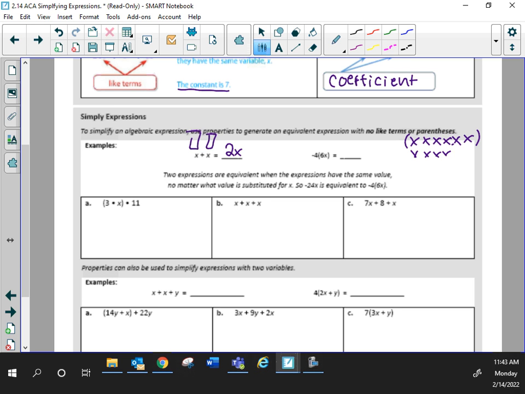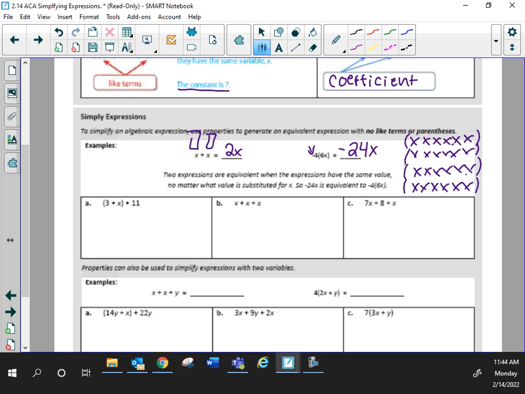Again 6, and again 6, and again 6. But that's only the 4 groups. I still need to do the negative. So right now I have 24 x's, but the opposite of that would be negative 24 x's.